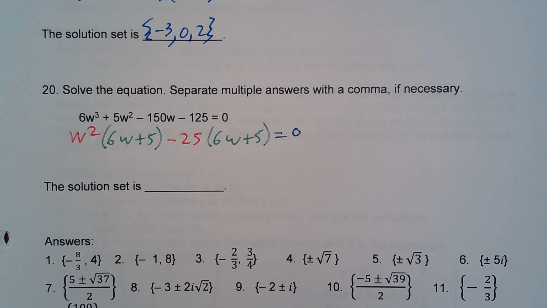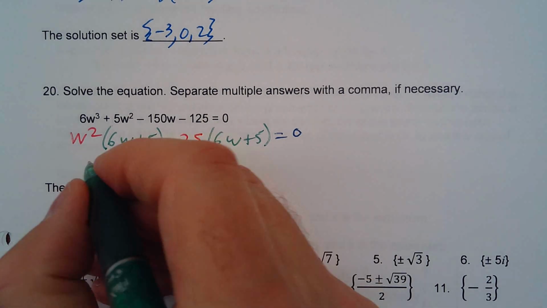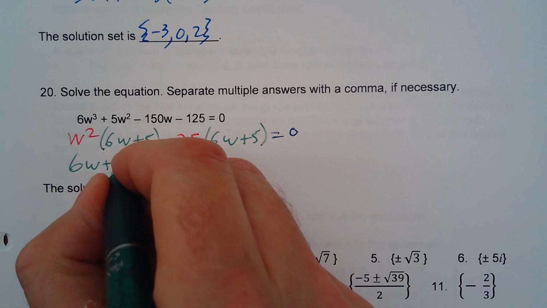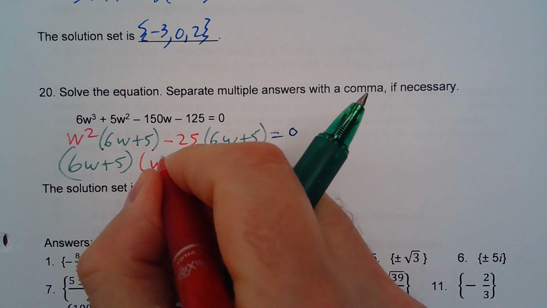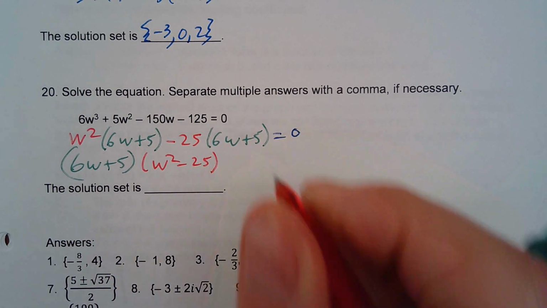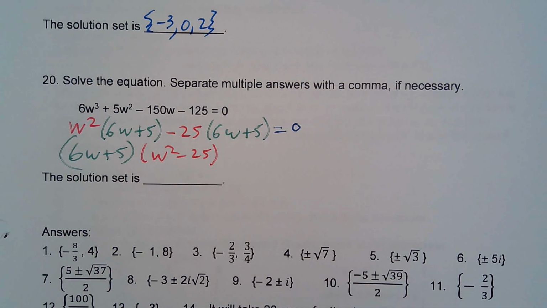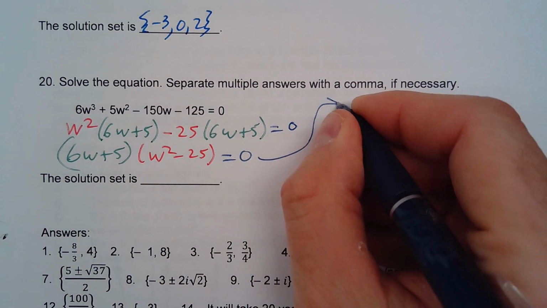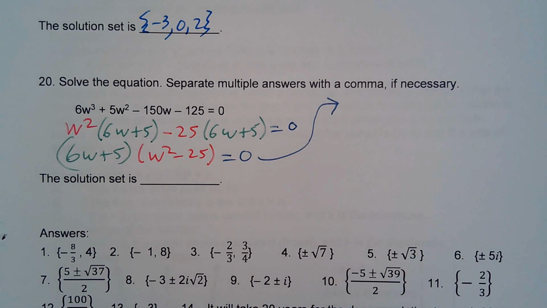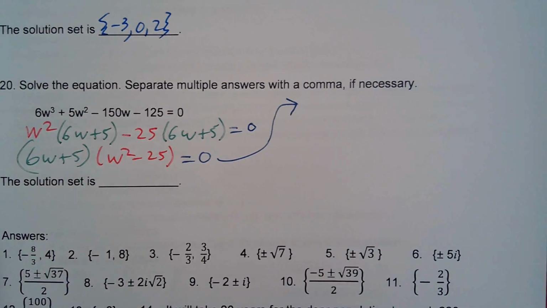Now, each piece has that 6w plus 5 in common. Leftover is going to be w squared minus 25. But now that w squared minus 25 is the difference of squares.